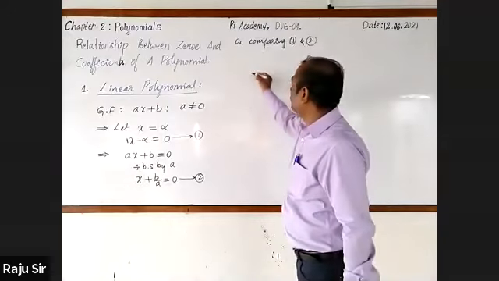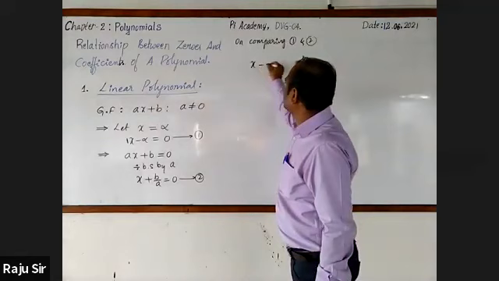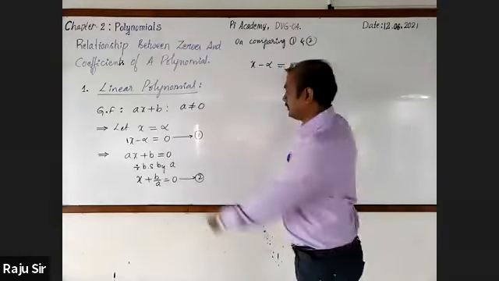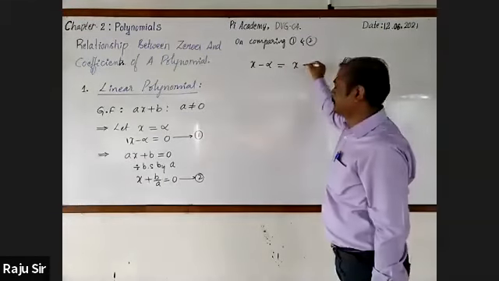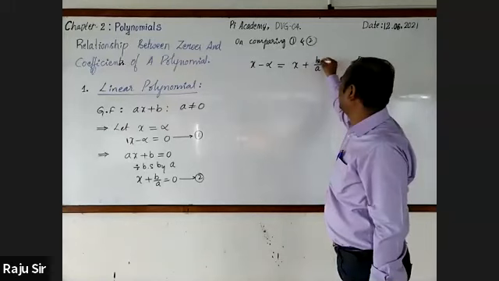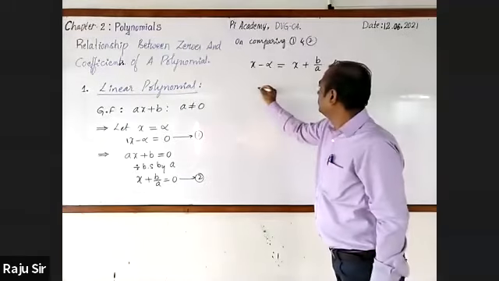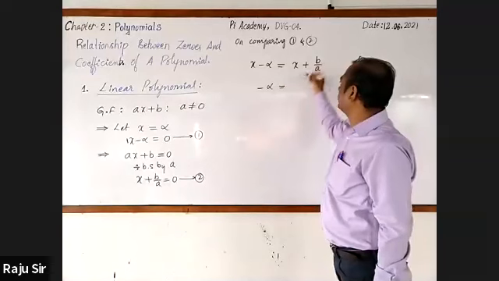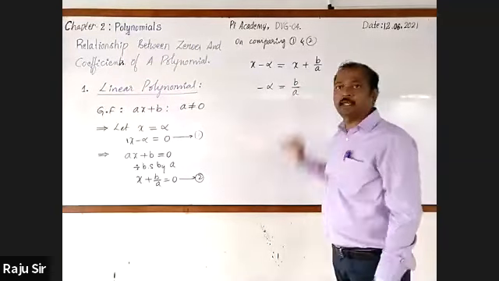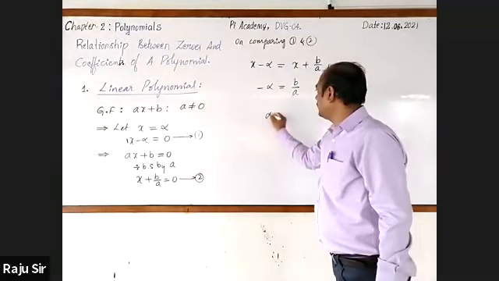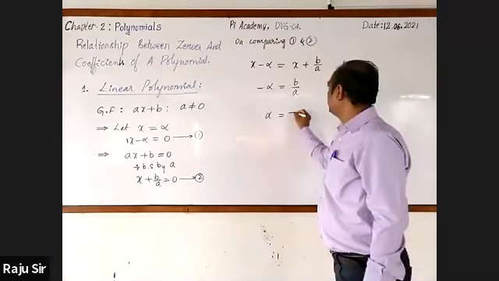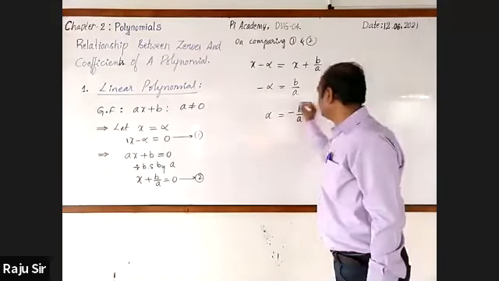Now write with me. It is x minus alpha is equal to x plus b by a. Then minus alpha is equal to b by a. Then alpha is equal to minus b by a.